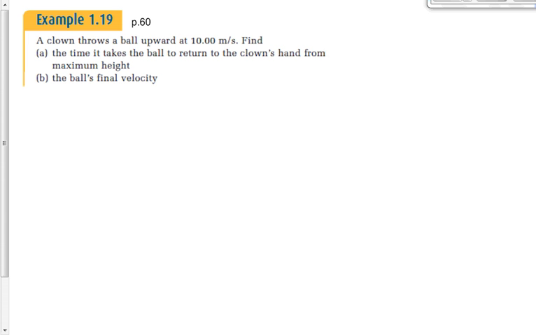This one says, clown throws the ball upward at 10. What's the time that it takes the ball to return to the clown's hand from the maximum height? And what's the ball's final velocity? So clown throws the ball up.